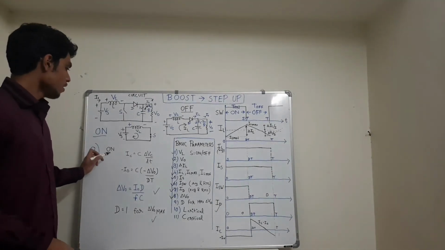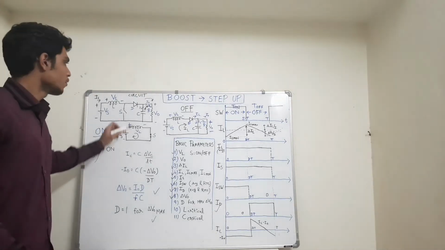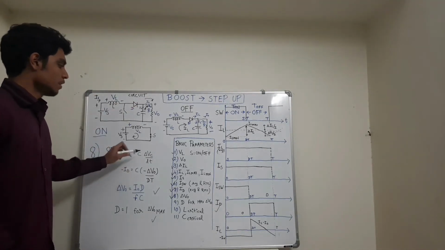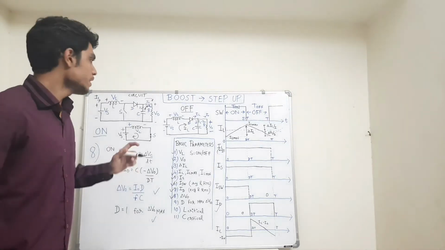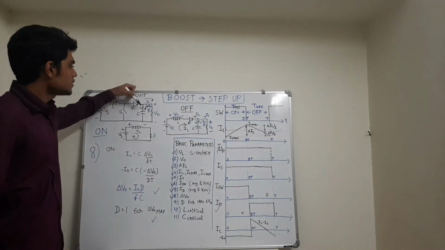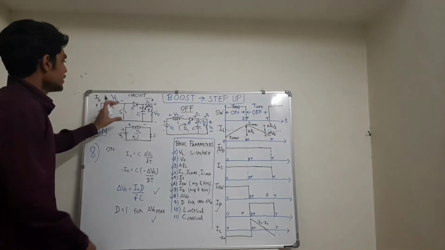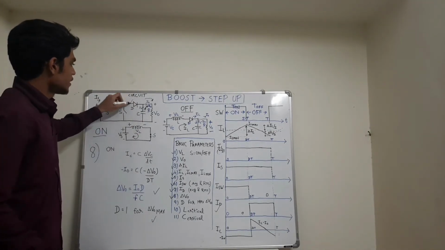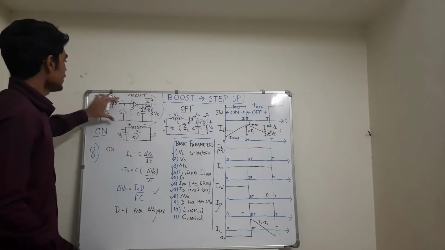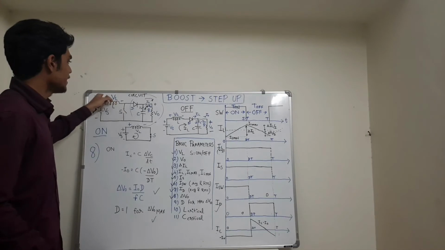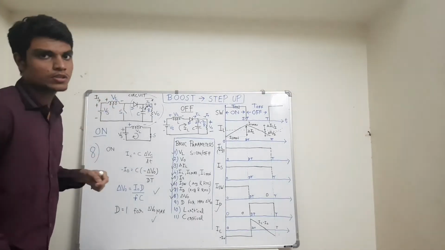So I_C for on time we have derived was equal to minus I naught, which equals C into delta V_C upon delta T. Now we have to see that during this time, whenever the switch is on, this portion of the circuit is isolated from the source because the inductor current flows through the switch.